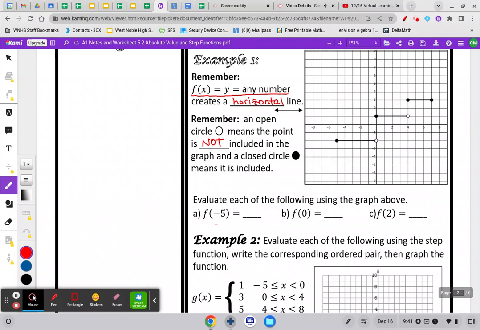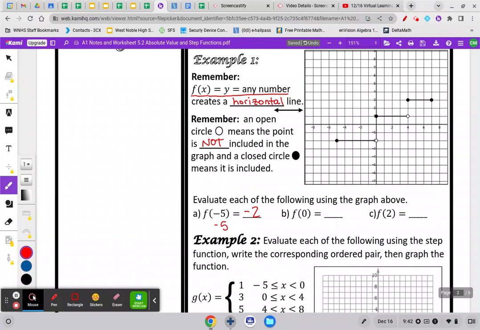So for example, when we evaluate these, we have the x value of negative 5. So we go over negative 5. I'm just going to put a mark right here just so you see where I am. That mark doesn't mean anything. And then you try to see where your y value is on this step function. And it is down here at negative 2. So we say that when x is negative 5 in the step function, y is negative 2.